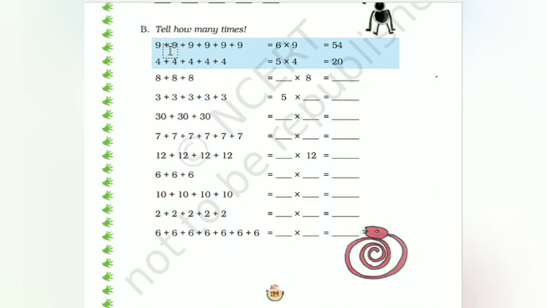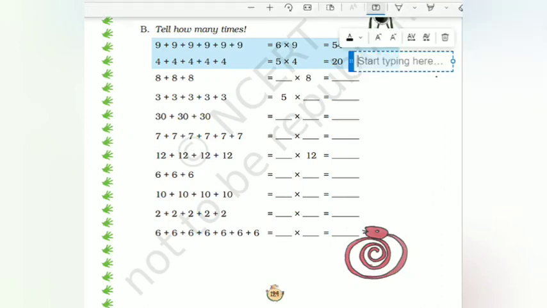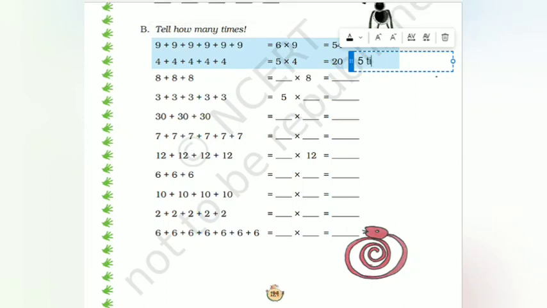Tell how many times. Here 9 is written how many times? 6 times 9 is written. So here what will we write? 6 times 9. Then here 5 times 4.